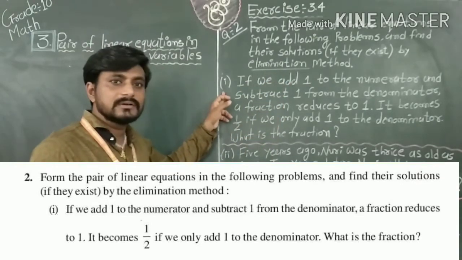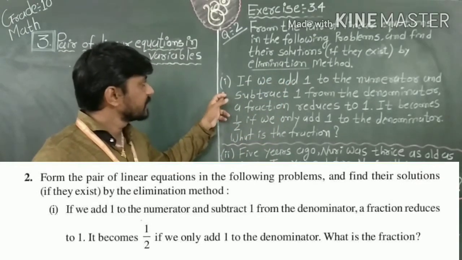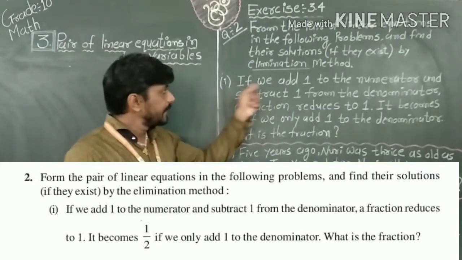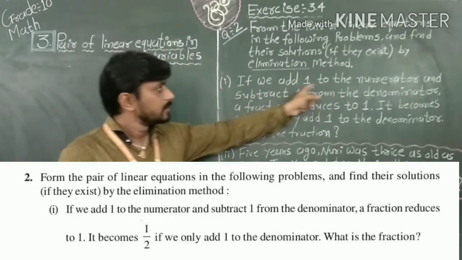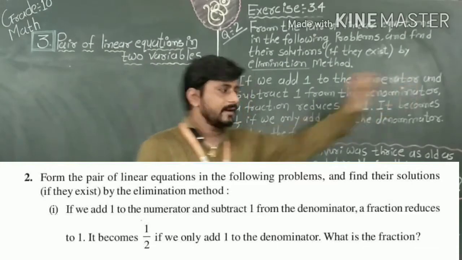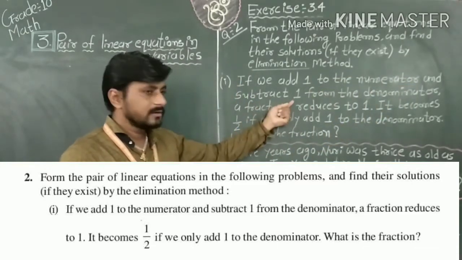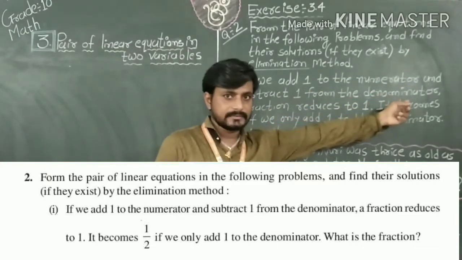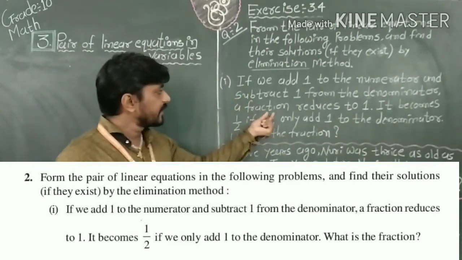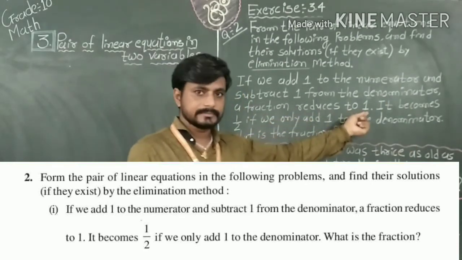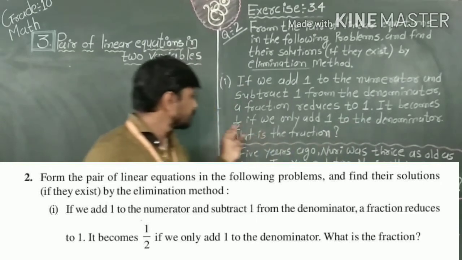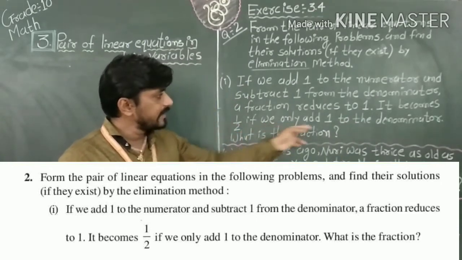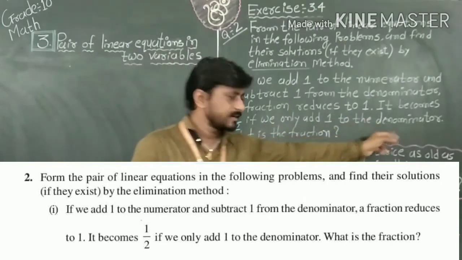Okay, what is the first word problem? First of all I read it out. If we add 1 to the numerator and subtract 1 from the denominator, a fraction reduces to 1. It becomes 1/2 if we only add 1 to the denominator.